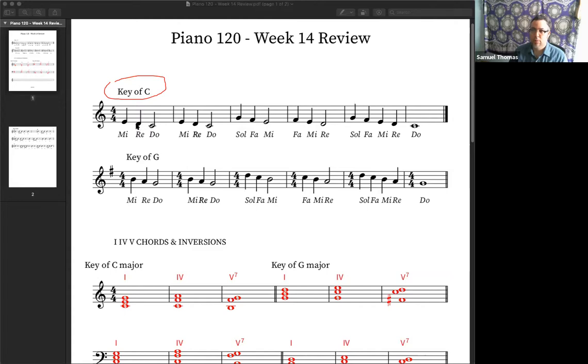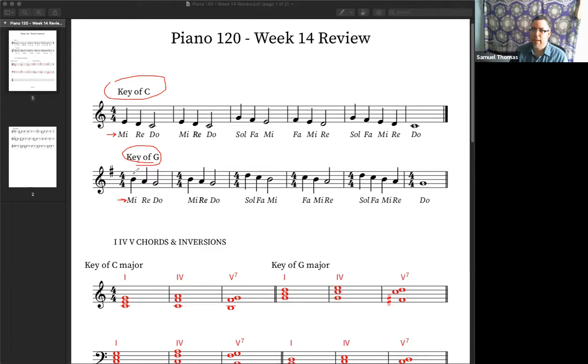So mi, re, do, right? That's E, D, C. But now if I transpose it over here to the key of G, it's the exact same syllables. Mi, re, and do, just like I saw here, right? Mi, re, do, and here, mi, re, do.